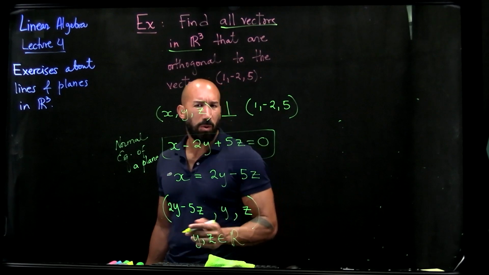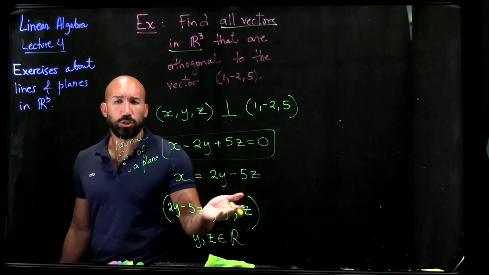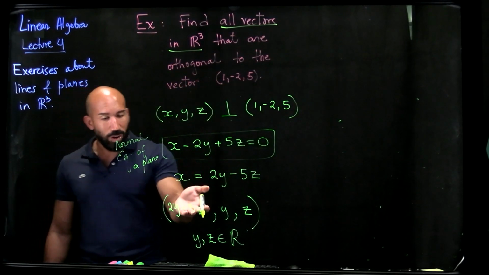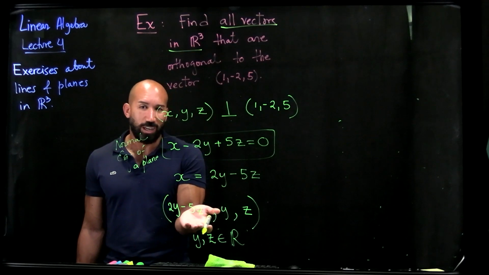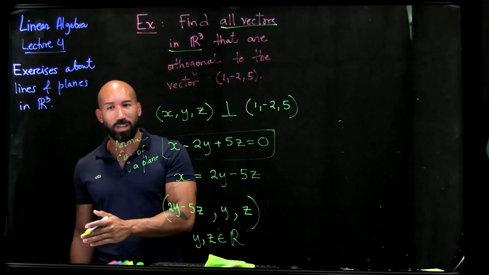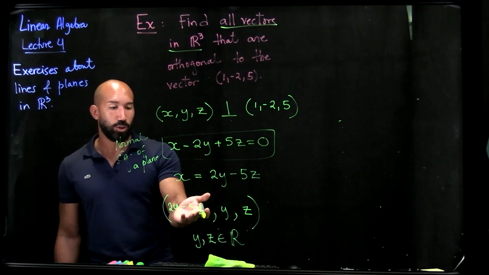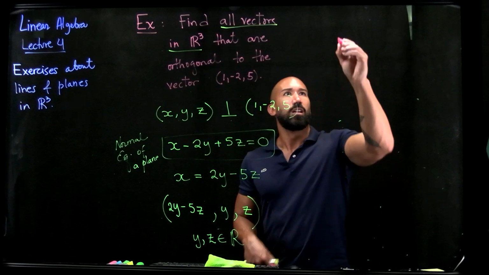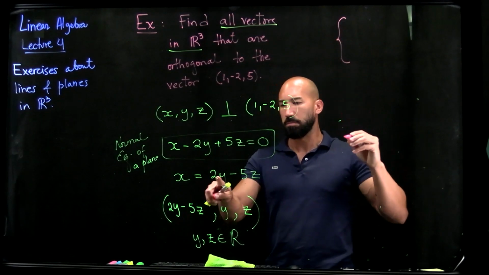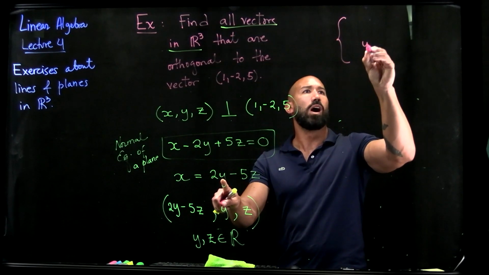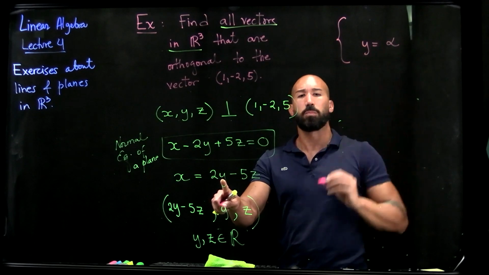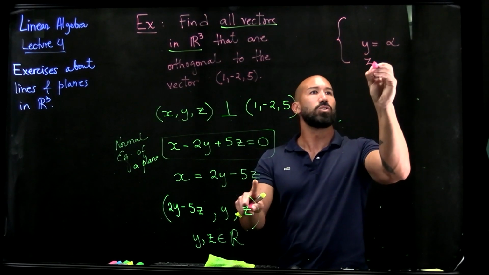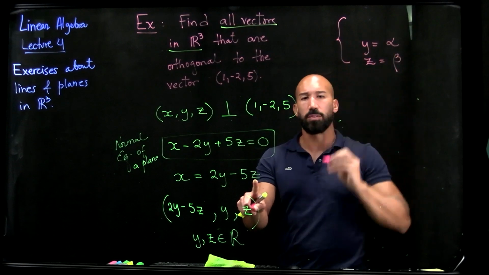And you can say now, but what kind of equation is this? Is this the normal equation? Oh, this one here is not exactly a normal equation now. This one here is the other equation that we have studied, the parametric equation, which I can write this way. Let's say that y is equal to the parameter alpha, and z is equal to the parameter beta.